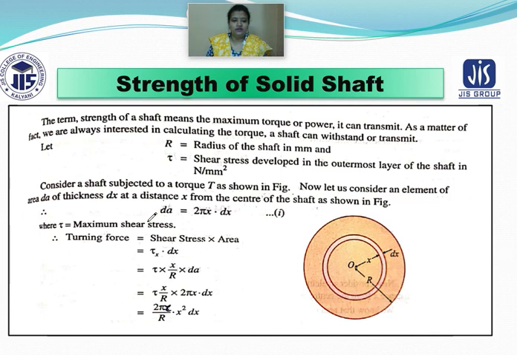The elementary strip area dA is 2 pi x dx, and tau is the maximum shear stress. The turning force is shear stress into area, and finally you get 2 pi tau x square dx by r.